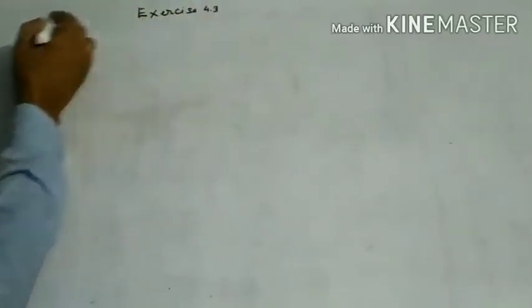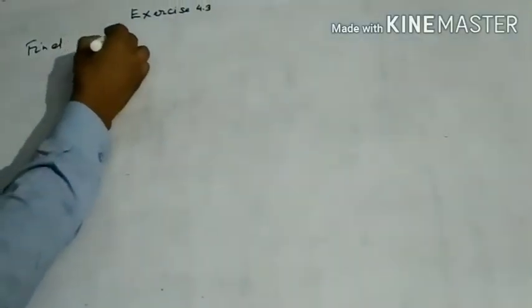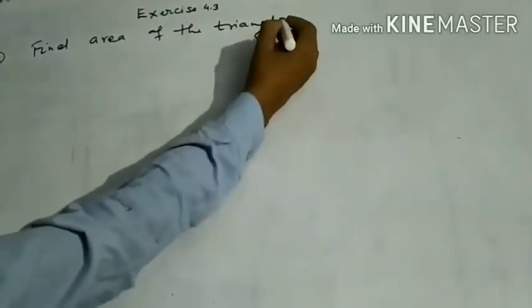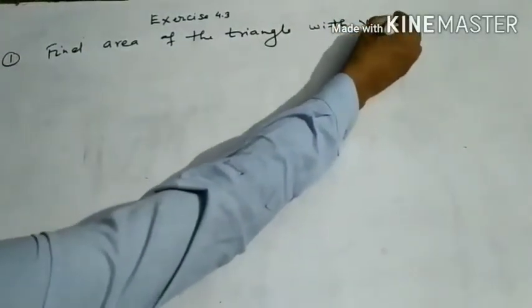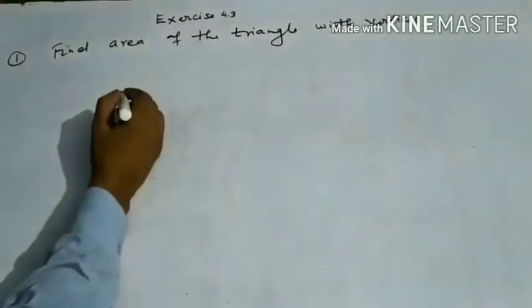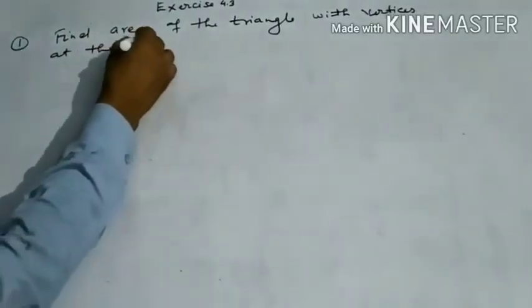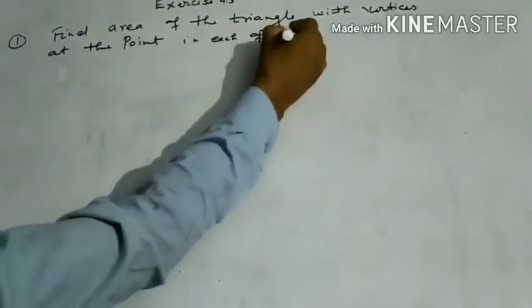In exercise 4.3, the first problem, number 1, says: find the area of the triangle with vertices at the points in each of the following.